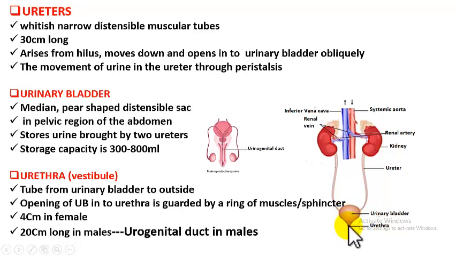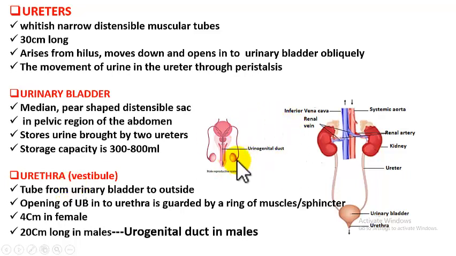Now, the length of the urethra is 4 centimeters in females, whereas in males it is 20 centimeters long. See here, in males, this long pipe which is passing through the penis is called the urethra, and in males the urethra is otherwise called the urinogenital duct.